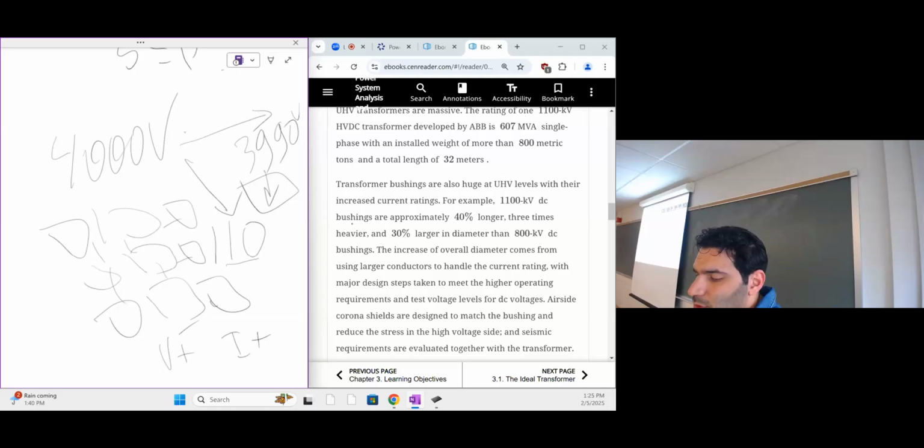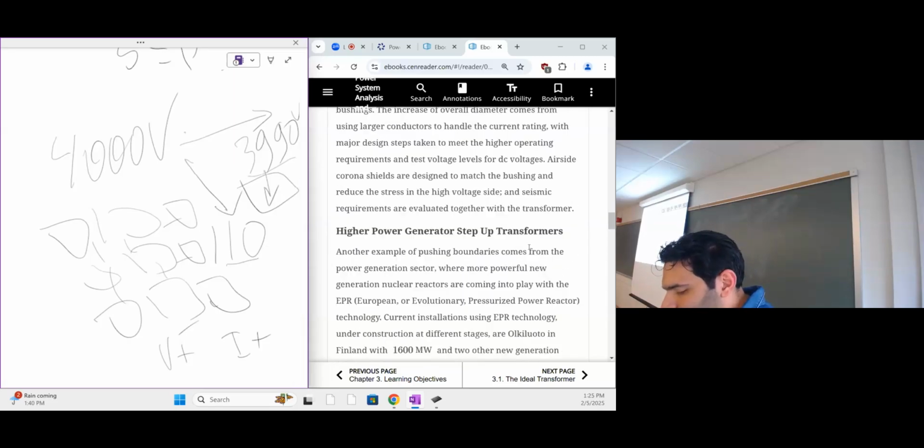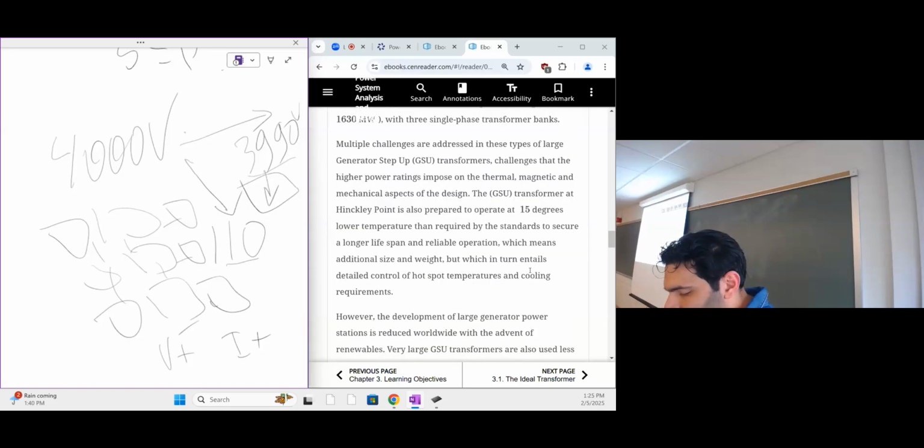So boosting the voltage to a high level would greatly reduce the losses over the transmission lines. But then eventually I need to get down to 110. So this is the main benefit of using those elements.